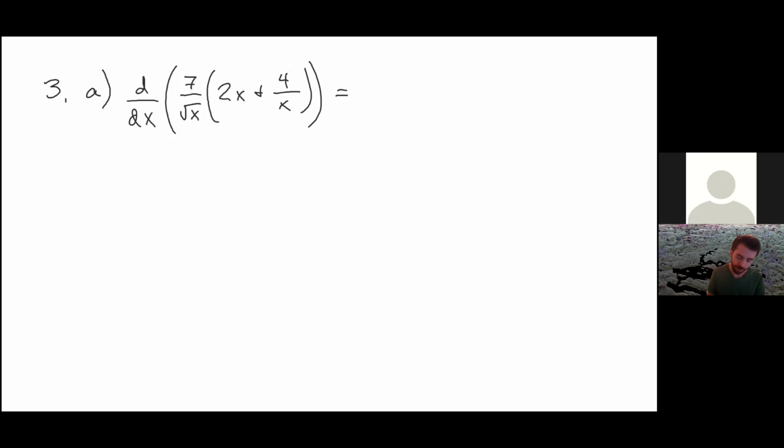If I were to do that, well, 7 times 2x is 14x. So that's 14x over the square root of x. And the second term is 7 times 4 is 28, times x times square root of x. Okay, so that's the thing I want to take a derivative of.